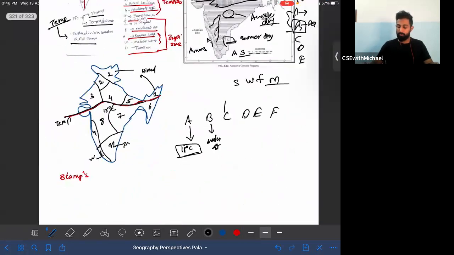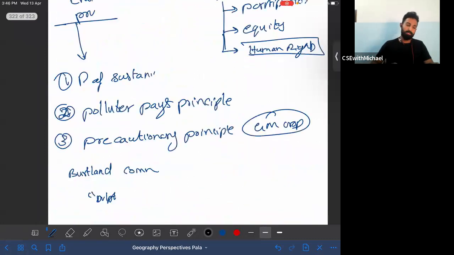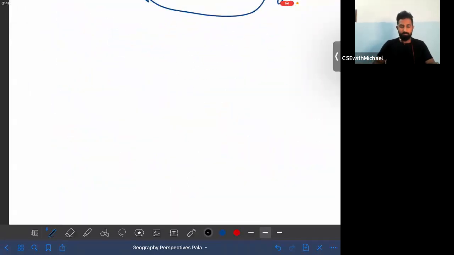With more focus, you can study Stamp's classification. Okay, so that is climatic classification of India.